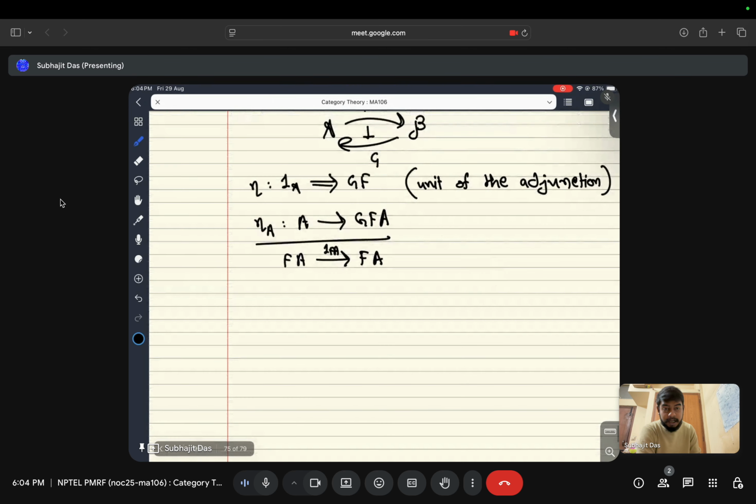Similarly, or rather dually, you also obtain the co-unit of an adjunction, which is a natural transformation from FG into 1B. This is called the co-unit natural transformation of the adjunction.